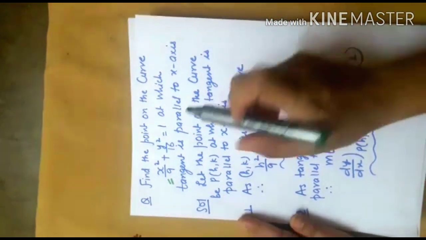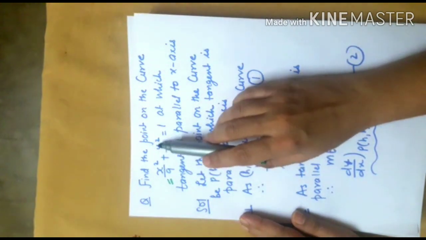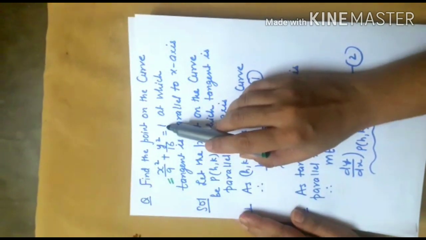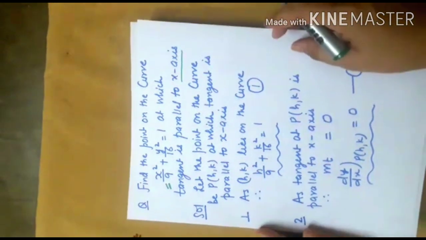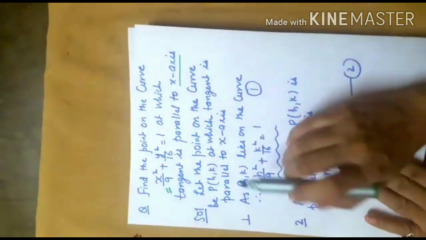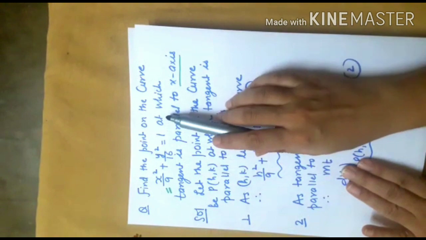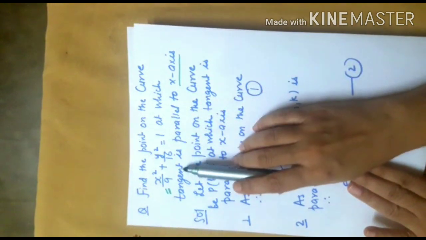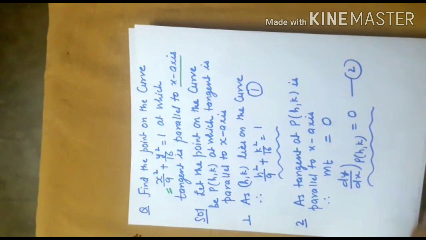Let's take another question. Find the point on the curve x square over 9 plus y square over 16 equals to 1 at which tangent is parallel to x-axis. Yes, we have to find out those points on this curve at which the tangent drawn is parallel to x-axis, right?